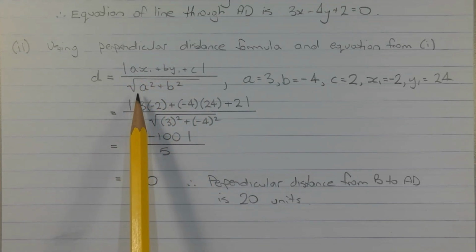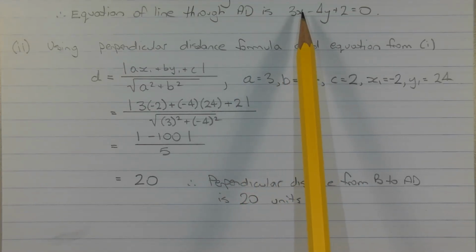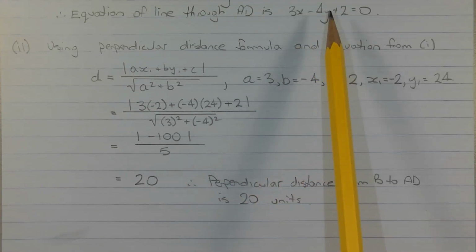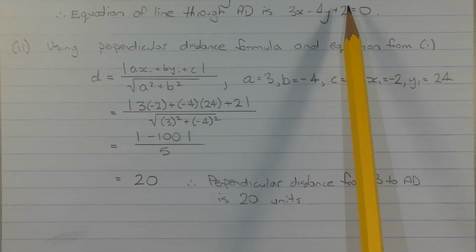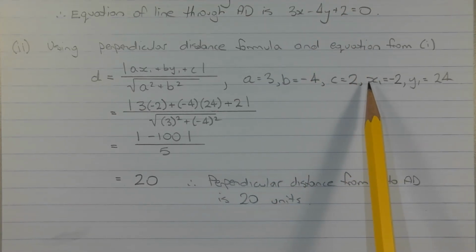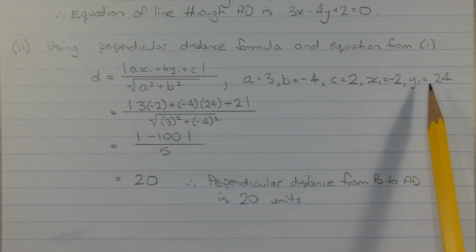where a is equal to the coefficient of x, which is 3, b is equal to the coefficient of y, which is -4, c is the constant term, which is 2, x1 is the x-coordinate of point B, which is -2, and y1 is the y-coordinate of point B, which is 24.